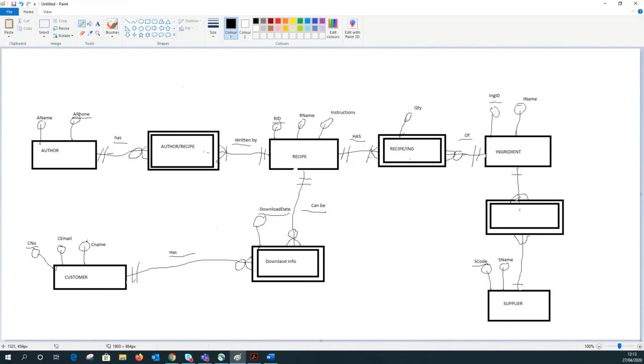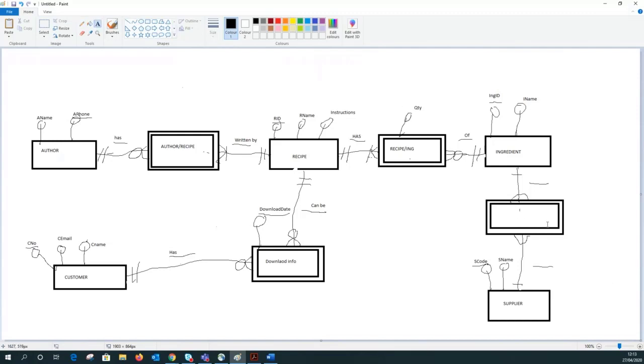We are going to record which ingredient supplied by which supplier, right? So how are we going to determine each unique row in this particular case, or in other words, what is the primary key of this case? We need to take the ingredient ID, so that means I need to underline this relationship, and also I need to grab the supplier code, so that means I need to underline that relationship, right?